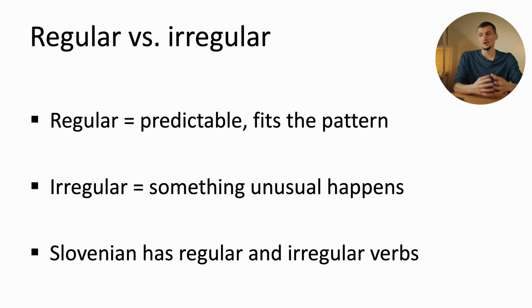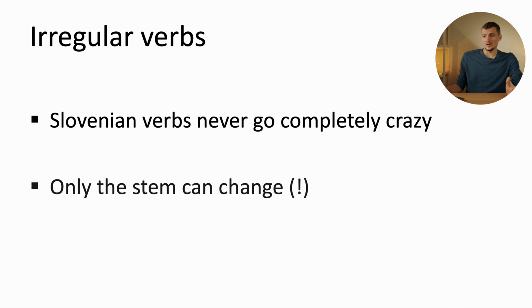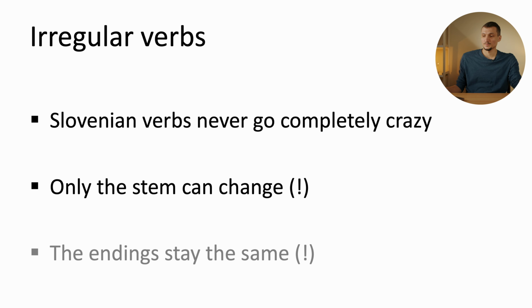Verbs in Slovenian never go completely crazy, and we'll have a look at that right away. So, Slovenian verbs never go completely crazy, only the stem can change, and the endings stay the same. So the endings are kind of written in stone, they never change, it's just the stem that can do its own irregular, weird thing.